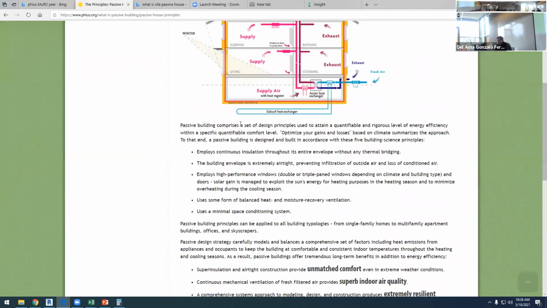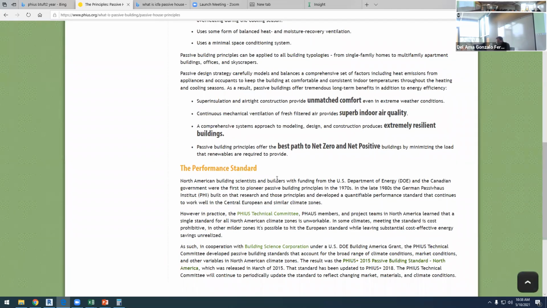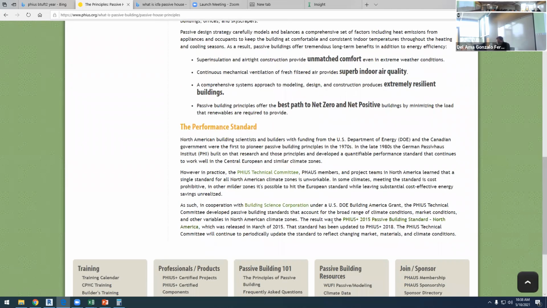What is a passive building? The result was North America. In 2015 they had the last meeting and decided the standards in North America. So click on that link.